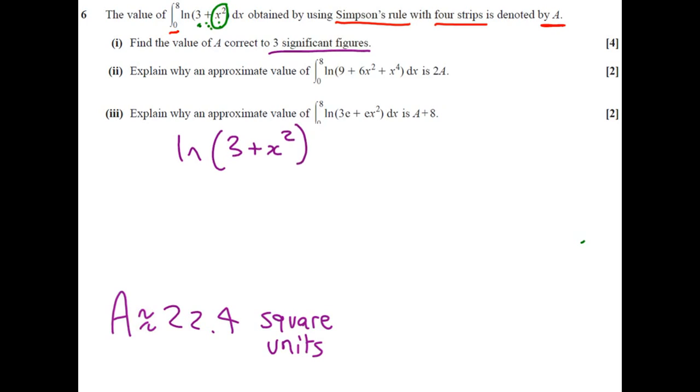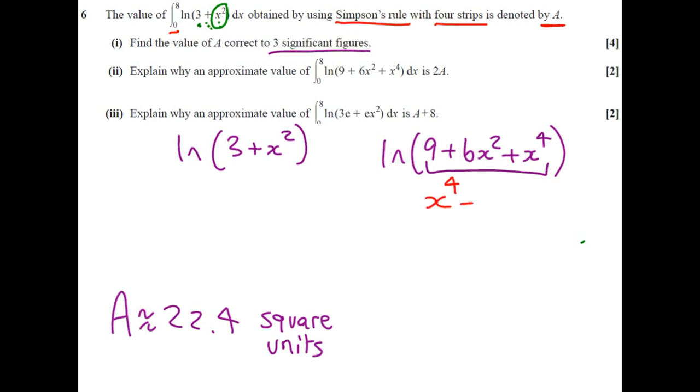Now we want to think about ln of 9 plus 6x squared plus x to the 4. This might not be obvious at first, but we can factorize this term here. So let's first write it the way round that we like for when we factorize.